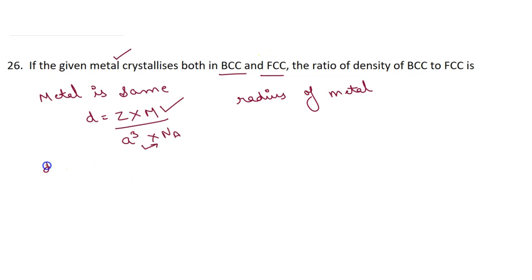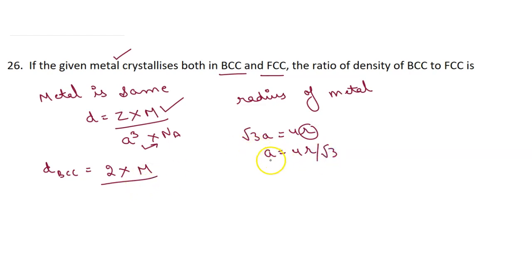The density of BCC is given by the effective number of atoms in BCC, which is 2, present at all the corners and the center of the body, 2 into M by, now in BCC, root 3 a, that is the body diagonal length, is equal to 4R. So our a becomes, in terms of R, 4R by root 3.